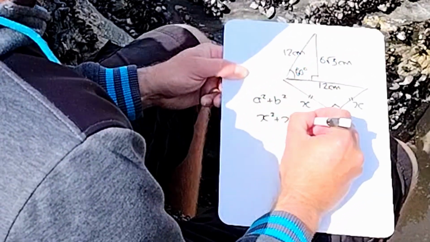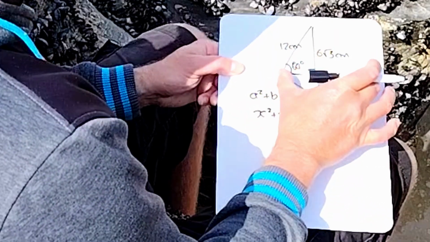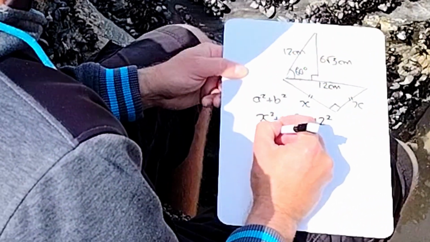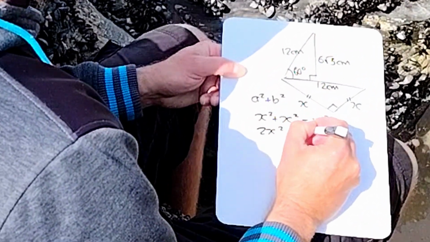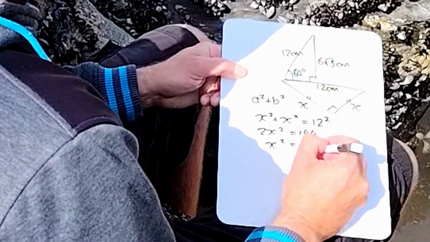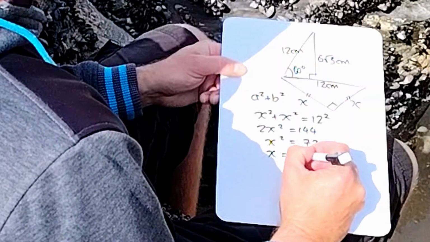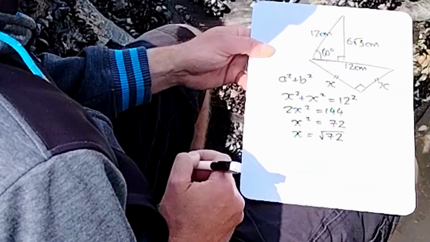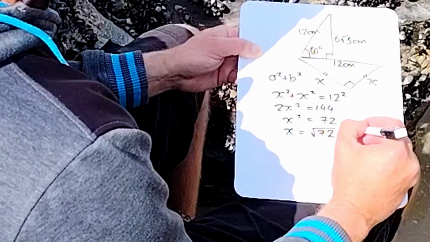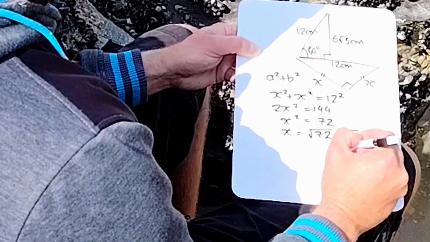So a squared plus b squared is equivalent to x squared plus x squared, and that's going to be our c squared, which is 12 squared. So we end up with 2x squared is equal to 144. So x squared is equal to 72. We can find the square root of that, root 72, which using surds is root 36 root 2, or 6 root 2.